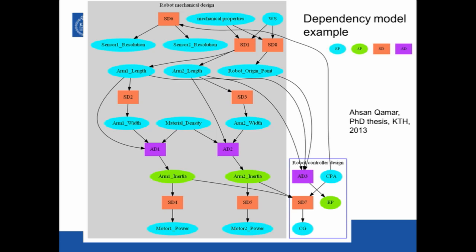Let me give you one example of different viewpoints, and this is just a snapshot. At KTH we developed something we call dependency models. This is kind of abstract, but let's say we're developing a juggling robot or another type of robot, and we have design decisions that we make.